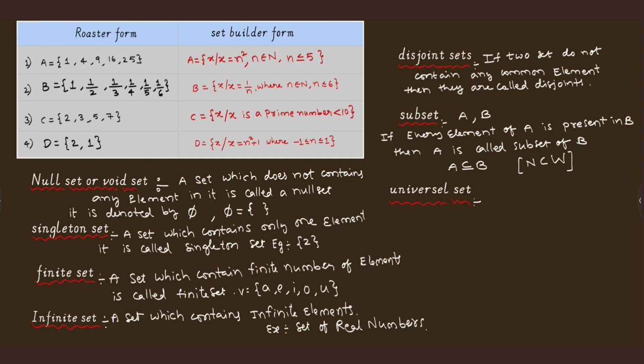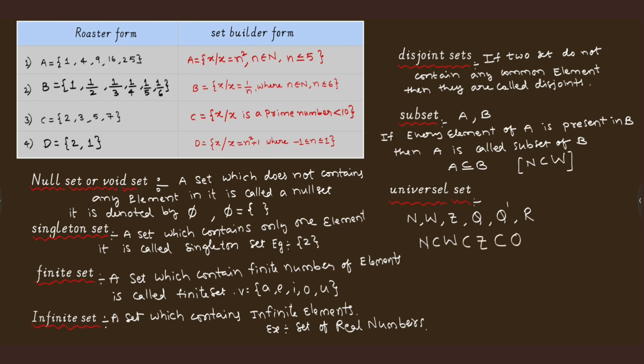Universal set. We have to understand it better. Let's see this only. Natural numbers we know, whole numbers we know, integers we know, rational numbers, irrational numbers, and real numbers. Natural numbers are a subset of whole numbers, whole numbers are a subset of integers.